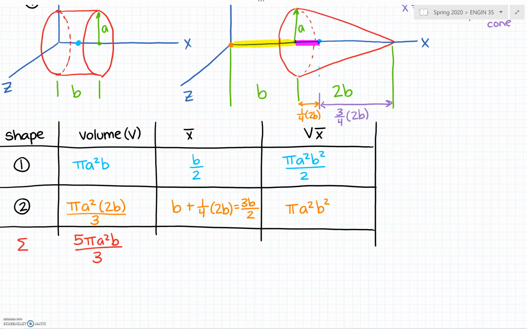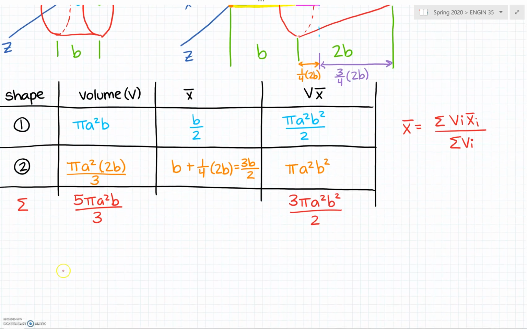I'm also going to sum up my V x bar, because remember, x bar of a composite area is going to be the sum of Vi x bar i divided by the sum of Vi, or the total volume. So if I sum up my V x bars, it's going to be 3 pi a squared b squared divided by 2.